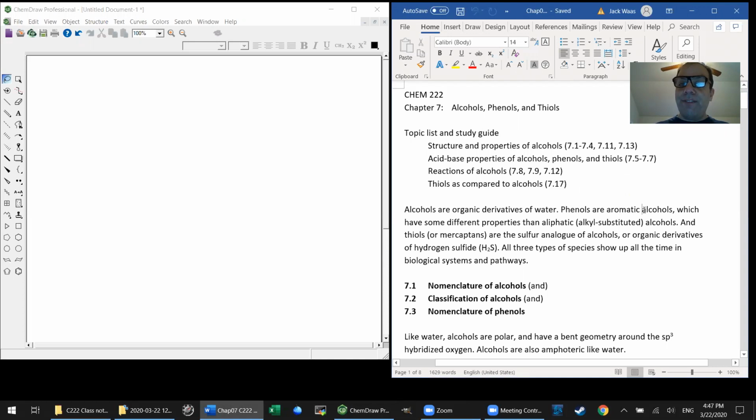So that means that the other group on the OH group is going to be a benzene ring or a substituted benzene ring. And phenols are special. They have some similarities to regular aliphatic or alkyl substituted alcohols and some important differences, which we'll also get to. And finally, thiols are just the sulfur analog of alcohols, or you could also consider them to be organic derivatives of hydrogen sulfide.